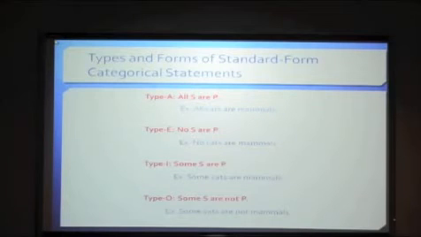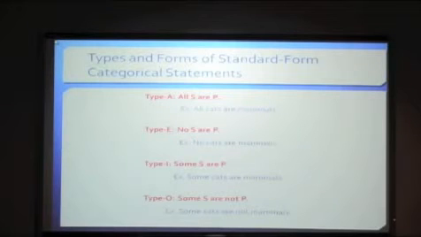Now notice that there are only 4 standard form categorical statements, and these are the only 4. So anytime you translate an ordinary language categorical statement into a standard form categorical statement, you must translate it into one of these 4 forms. Furthermore, in translating them to one of these 4 forms, you have to make sure that you are faithful to the intent of the author, meaning you want to capture exactly what the author is saying in the ordinary language statement when you translate it into a standard form categorical statement.